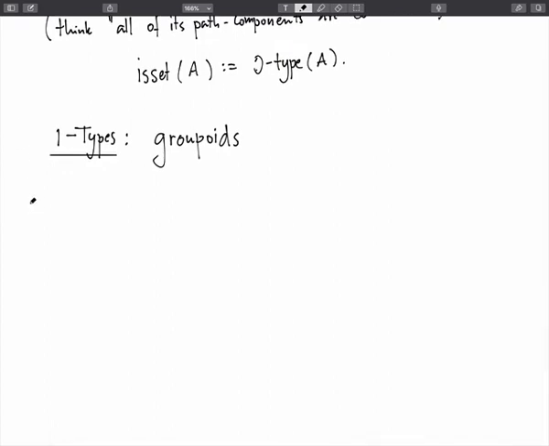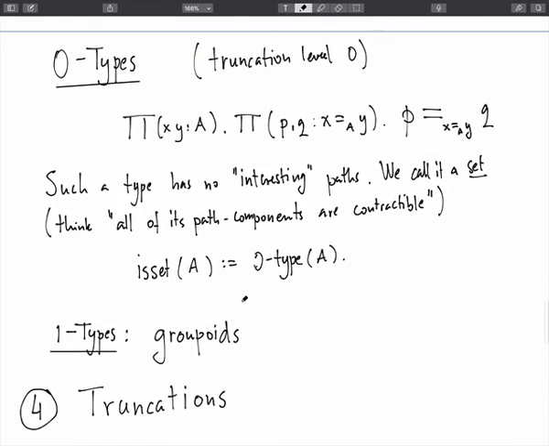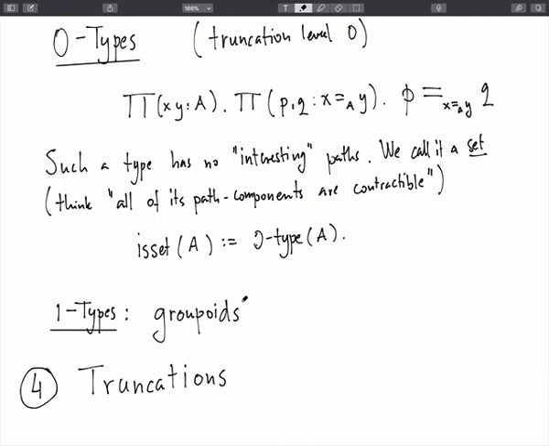No, number 4, probably. So we have now identified certain nice properties of types: certain types are propositions, certain types are sets, certain types are groupoids.